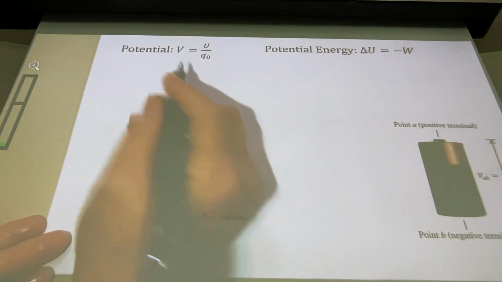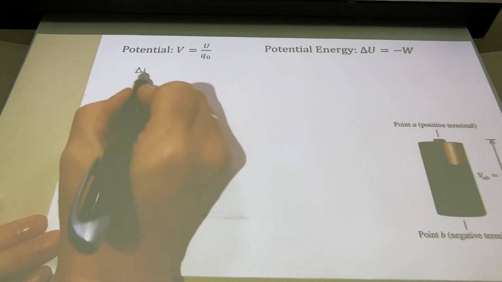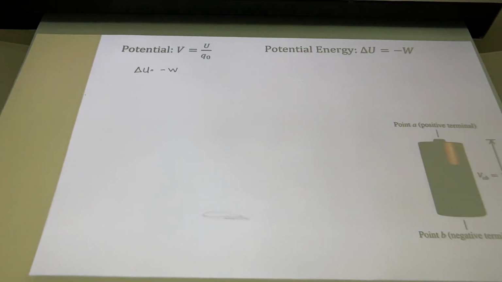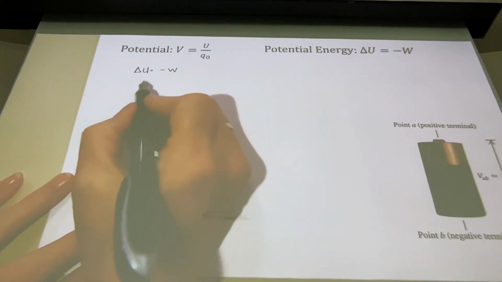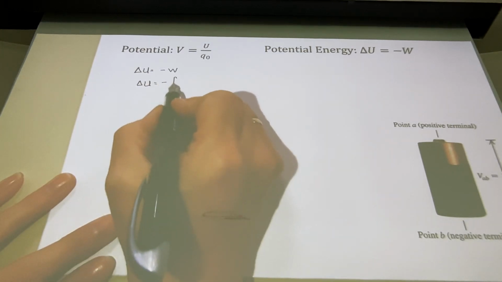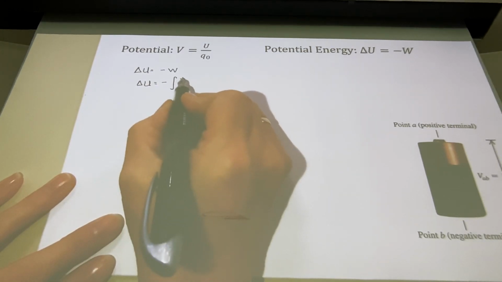So our change in electric potential energy is the negative of the work done by the electric field, because that's the definition of the potential energy or the work done of a conservative force. That's how that works. Our expression for work done is the integral of the force over the path.